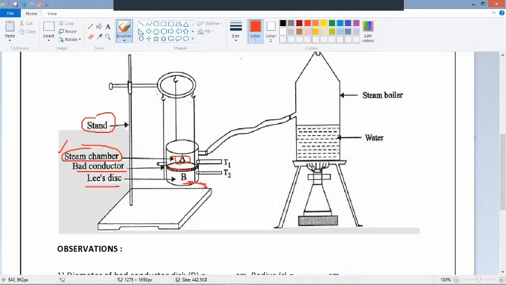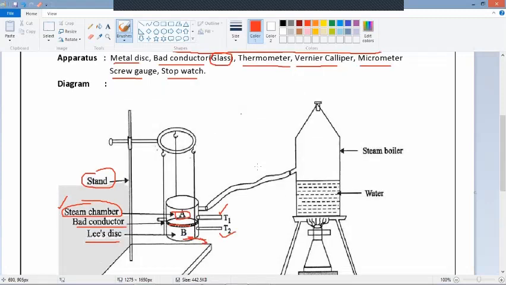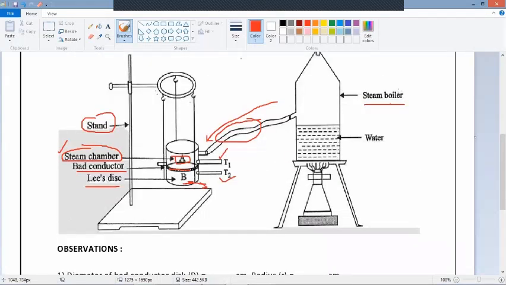T1 is the first thermometer and T2 is the second thermometer. This is the rubber tube connecting the steam boiler to the steam chamber, and the steam boiler contains water. And you can see here the burner.